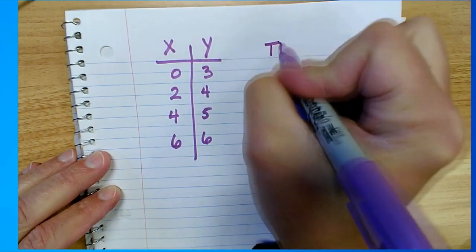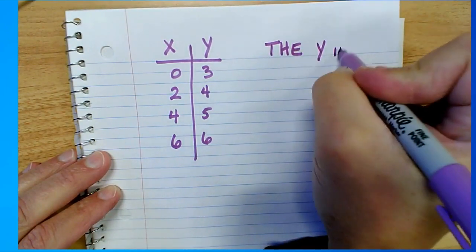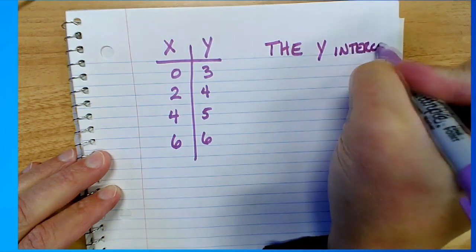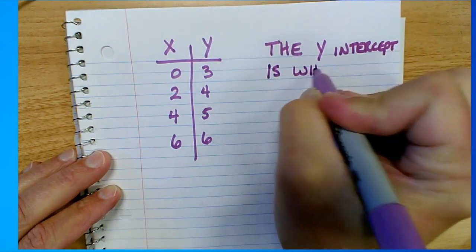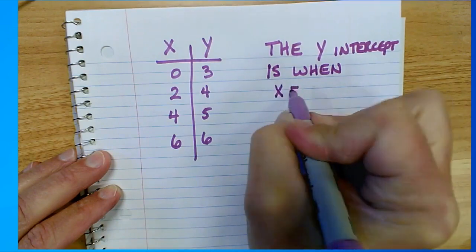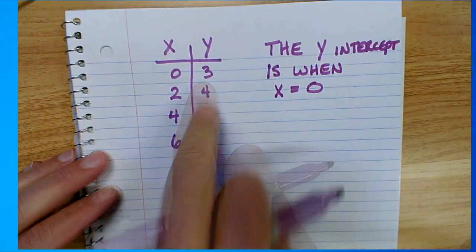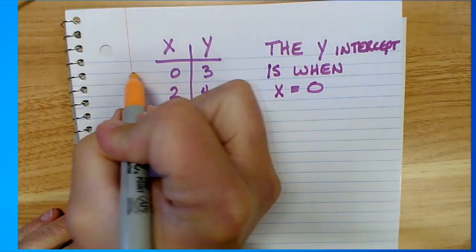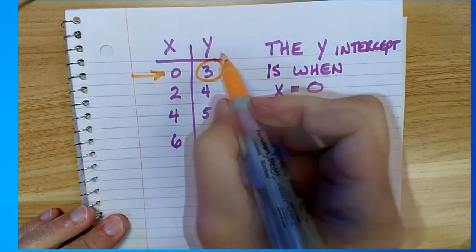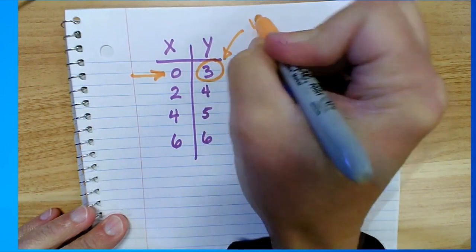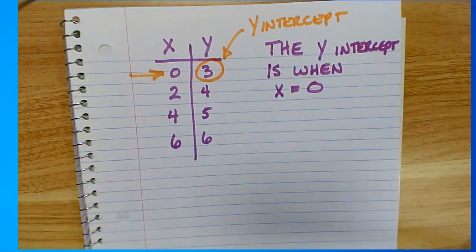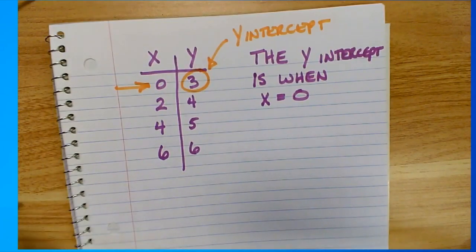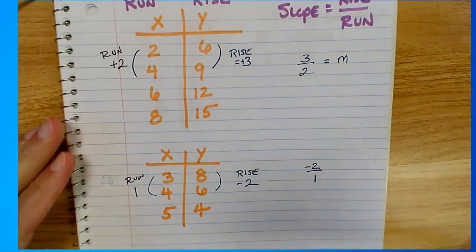So my y-intercept is at 3, right here. But if we look back on the two tables that we already did, you're going to be like, Mr. Barr, where's the y-intercept?